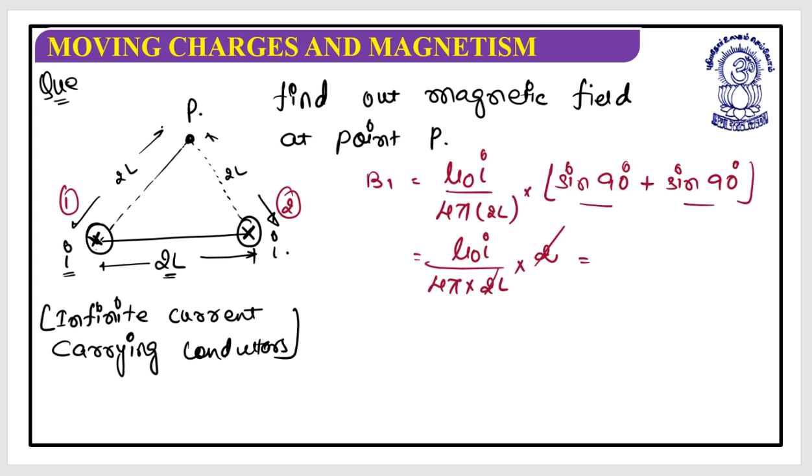The 2 cancels, and that gives mu naught I by 4 pi L. Now what would be the magnitude of B2? It would be the same, because this is also an infinite current carrying conductor. So magnitude wise it is the same, mu naught I by 4 pi L.